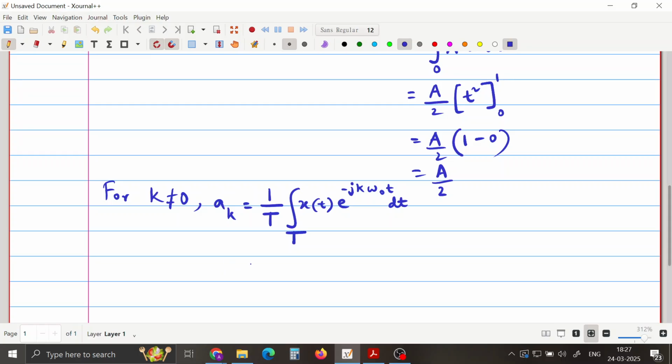So let us do that, and again let's say I'm choosing the limits from 0 to capital T. You can choose any limits such that their difference is equal to capital T. So 0 to capital T, x of t, e power minus jk omega naught t dt.